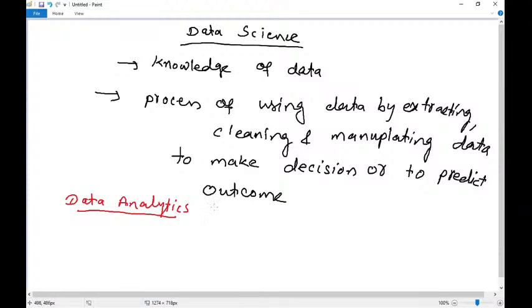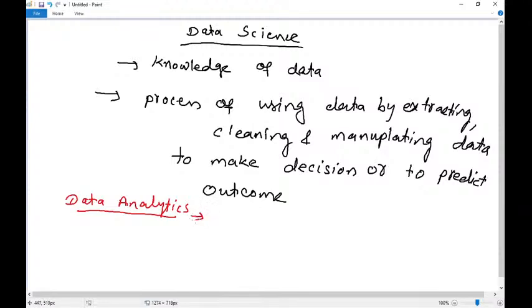Basically, there is a difference between data analysis and data science. In data science, we are predicting some outcomes, and we include some AI part also. But in data analysis, we are only collecting, inspecting and cleaning the data with the help of statistical and mathematical formulas.